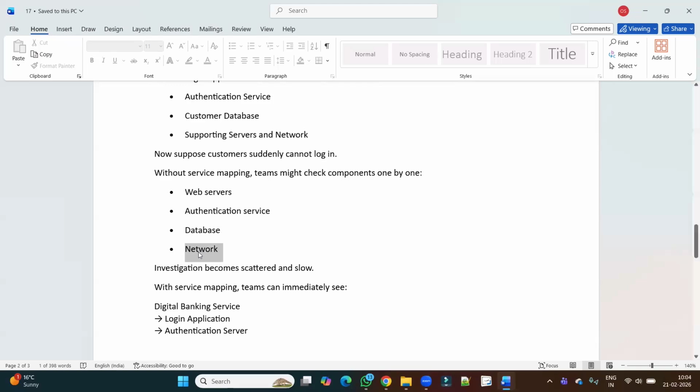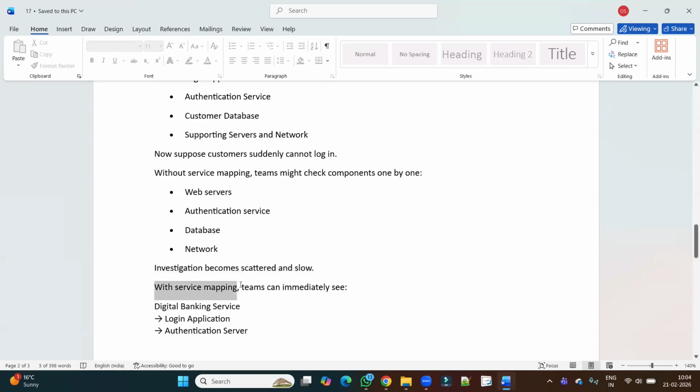So that is why the investigation becomes scattered and slow, because the team is now going through a large set of CIs and trying to find out which CIs are connected or responsible to provide this business service of online banking. Okay.